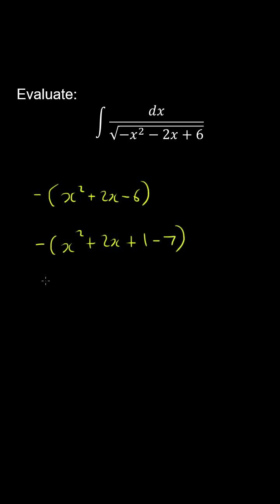So therefore we can write this as 7 minus x plus 1 all squared. And therefore if you replace this polynomial with this term over here, then you can use U substitution to evaluate an arcsine for a solution. And I'll leave it for you to post your answer in the comments.